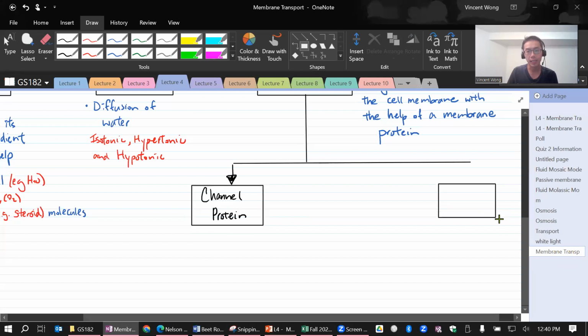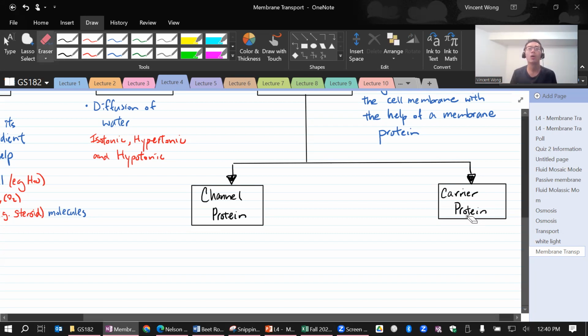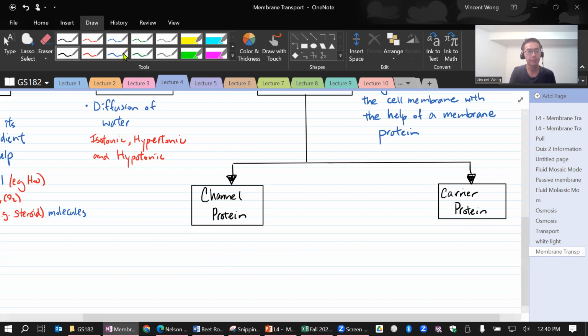The other kind is carrier protein. Okay, they are both facilitated diffusion in that they both involve using proteins to move things across the cell membrane. But depending on how they achieve this, we call it either channel protein or carrier protein.